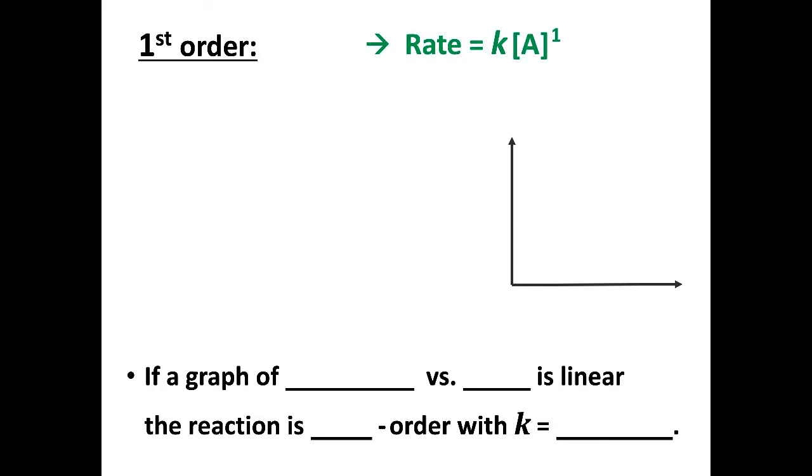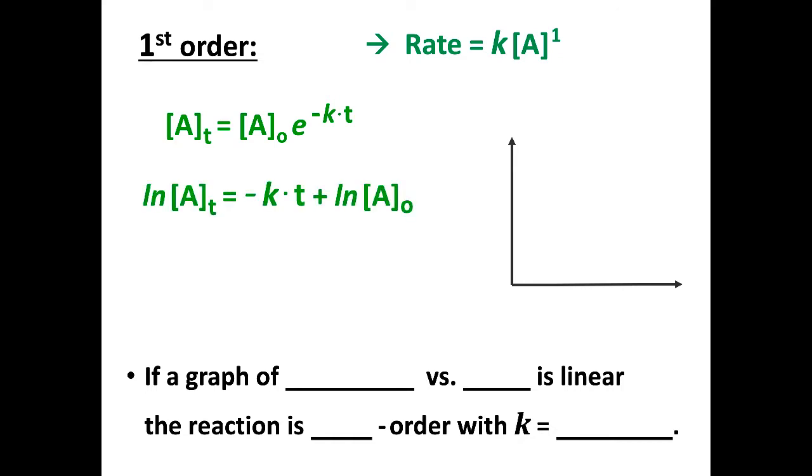If it's a first order rate law, then rate equals k times A to the first power. That mathematically can be shown to have a concentration versus time relationship of A at time t equals A at time 0, A naught, times e to the minus kt. And if we take the natural log of both sides, we get ln of A at time t equals negative k times t plus ln of A at time 0.